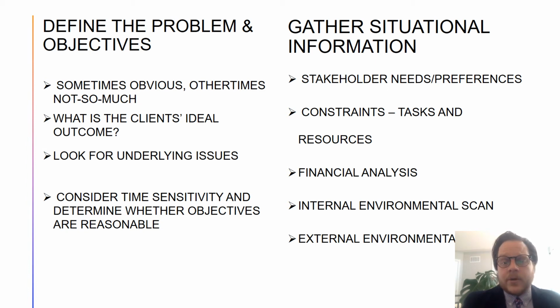Again, when we're talking about constraints, we talk about tasks and resources. So from a task perspective, it's what needs to be done in what order to make sure that the job can be done on time, and what resources are required, and in what order they are required in order to do the task.